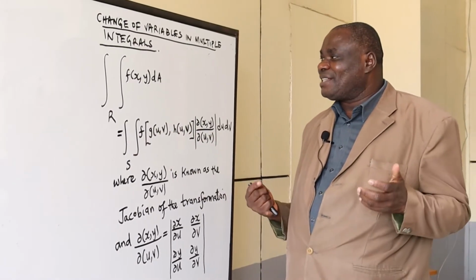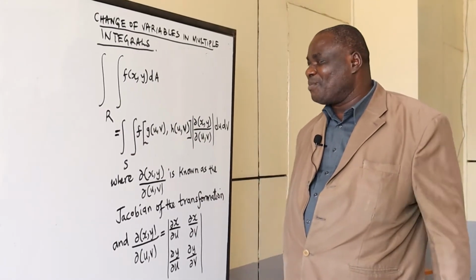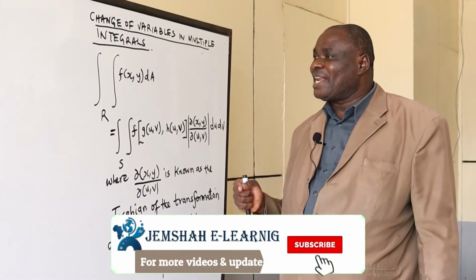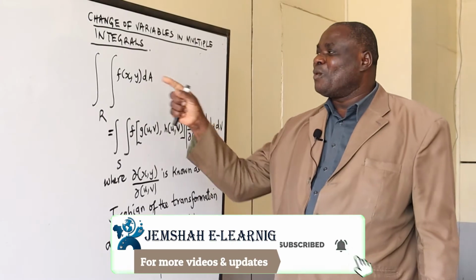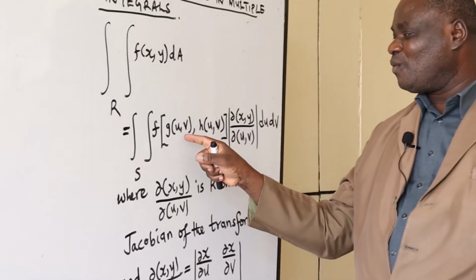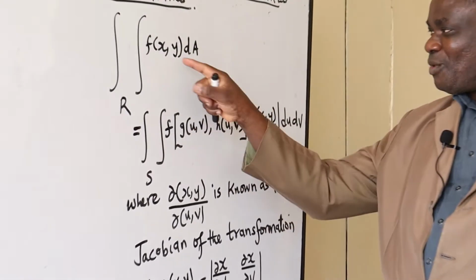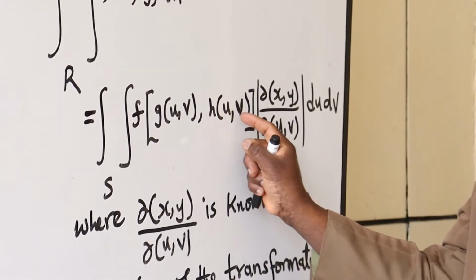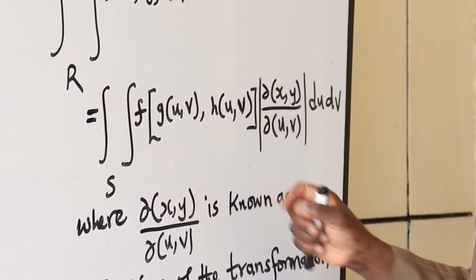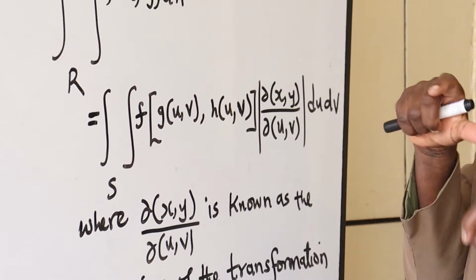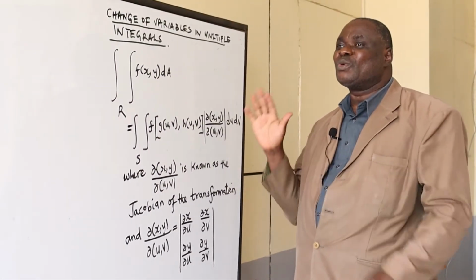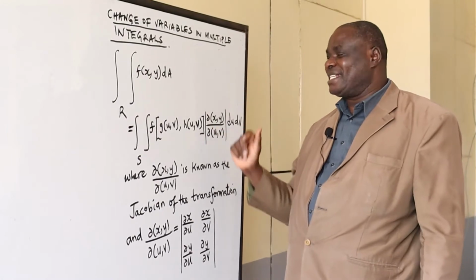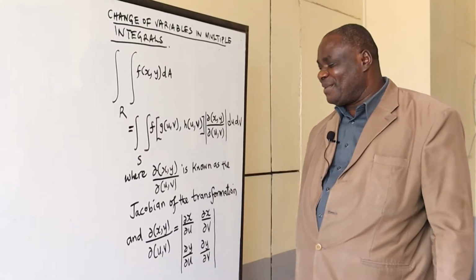To prevent us from having many integrals to be evaluated, we can opt to see whether we can change our variables. We put x in terms of u and v, and we put y also in terms of u and v. By doing so, we are transforming the region so that we will only use one double integral in our evaluation.